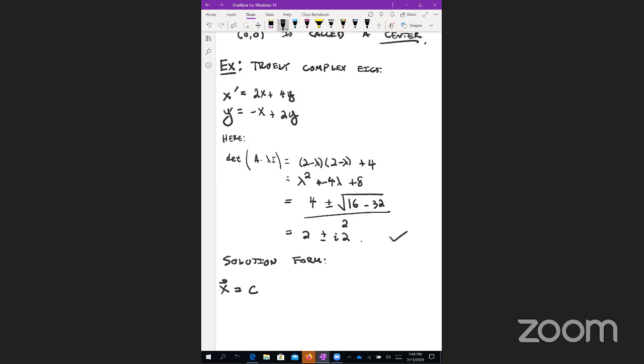So this is going to be c times e to the 2 plus 2i times t times v, I'm going to leave the hat off, plus the complex conjugate, so c bar, e to the 2 minus 2i times t times the complex conjugate.